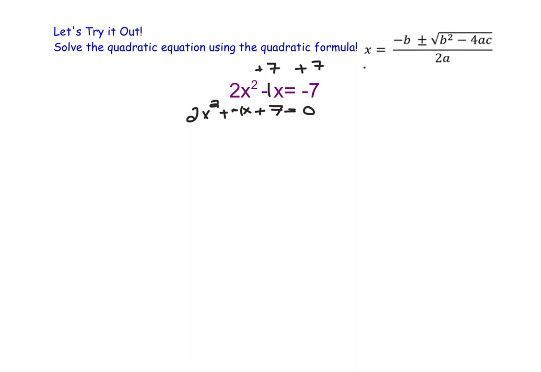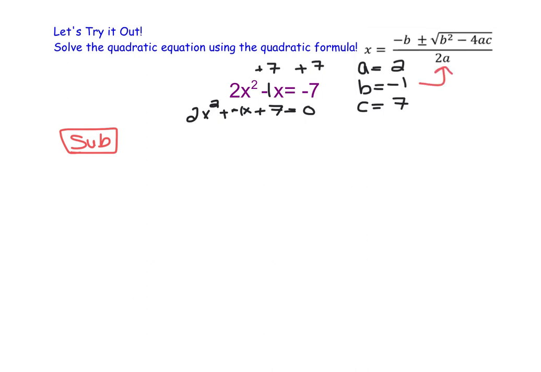And then in order to use the quadratic formula, I need to identify my values for A, B, and C. So I see A has a value of 2, B has a value of -1, and C has a value of 7. So from here, I'm going to substitute in those values for A, B, and C into the quadratic formula.